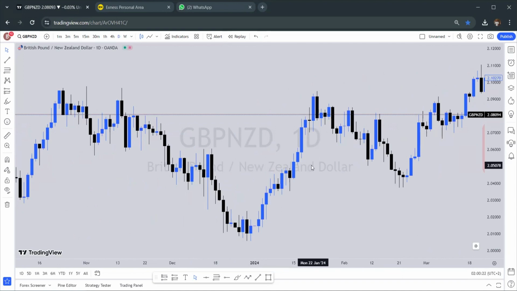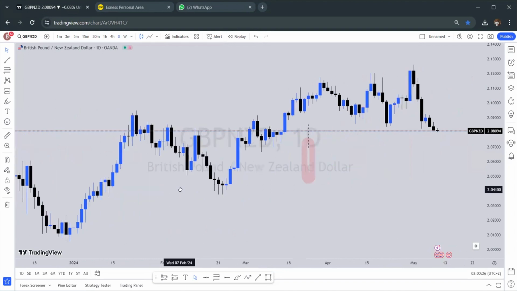This 1D means 1 day, daily. So any candle you are seeing on this chart formed after a day. It forms every 24 hours.